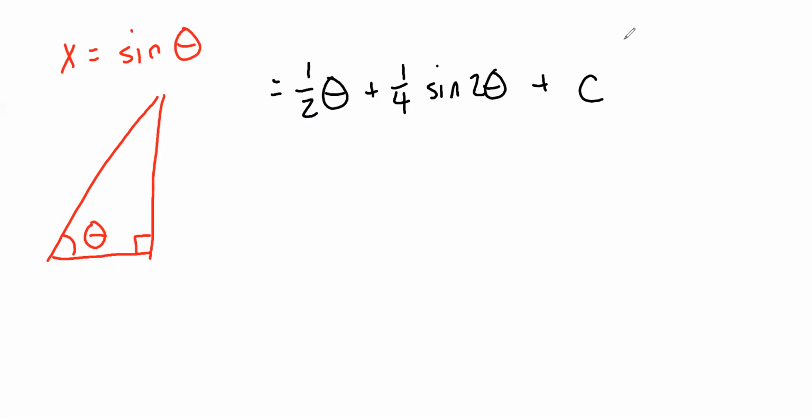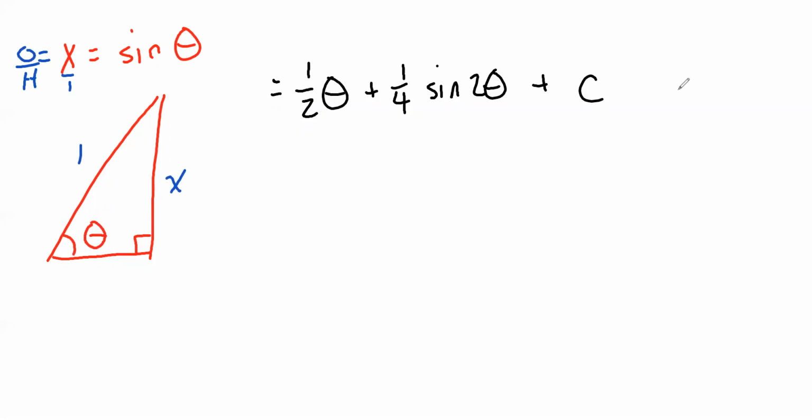Keeping in mind that sine of theta by definition is opposite over hypotenuse, we need to draw this triangle so that opposite over hypotenuse is x. Well, the x isn't a fraction unless you put it over 1, and so we can draw this triangle with an opposite side of x and a hypotenuse of 1. That's a picture of sine of theta is equal to x.